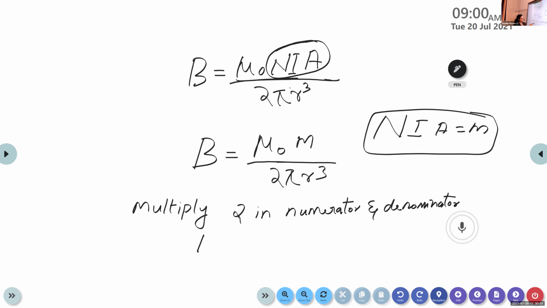So we get B is equal to mu 0 m divided by 2 pi r cube into 2 by 2.